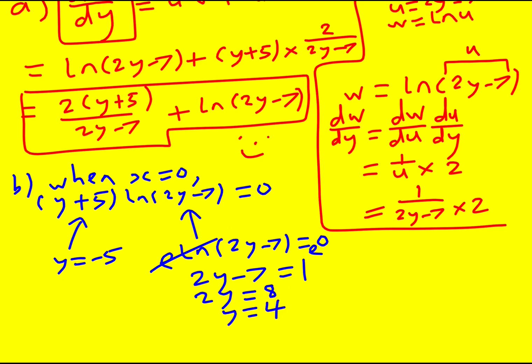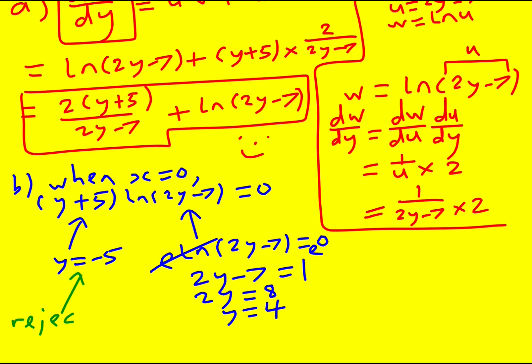Now, you've got to be careful here, because sometimes you get solutions that don't actually exist, and that actually goes for this one here. So if you were to carry on and get a possible solution for dy by dx, you would have to check at the end whether it is actually valid. Probably best to do it at this point, so I'm going to talk about it now. Because when y is equal to minus 5, ln 2y minus 7 is actually negative.